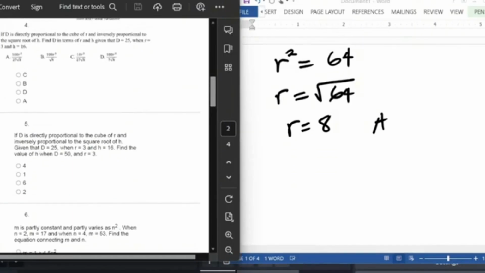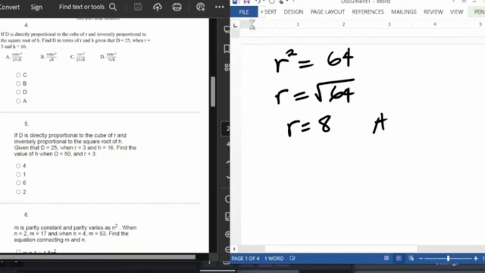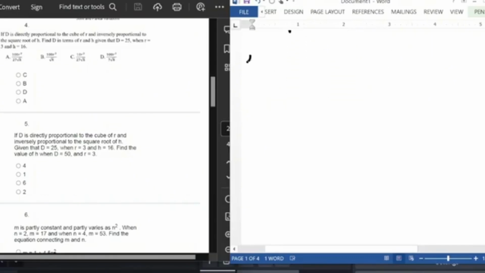Question number 4 is another set of questions. Let's read that. Question 4. If D is directly proportional to the cube of R and inversely proportional to the square root of H. So let's interpret that. D is directly proportional to the cube of R, that is R cubed, and inversely, that is 1 over the square root of H. So we have interpreted this.